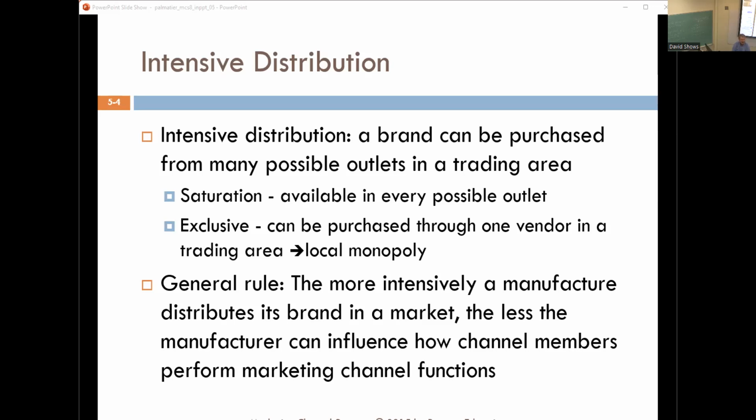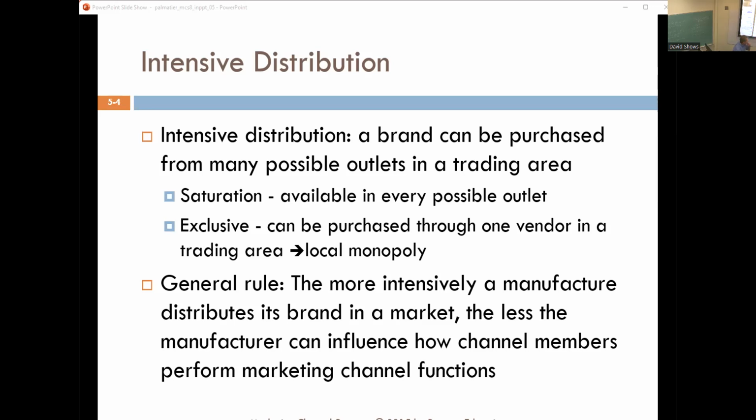Manufacturer, quite simply by their basic definition, wants to sell as many as they possibly can. They are firm believers in being as intensive as possible. And yet, they are also guided by a general rule.